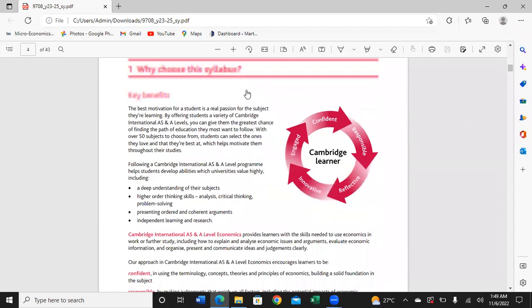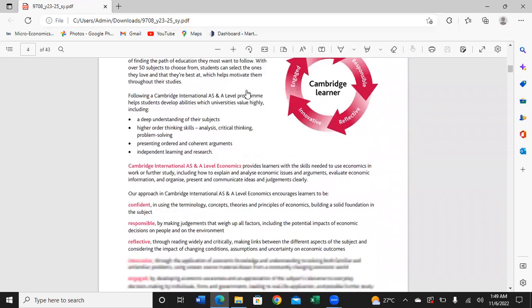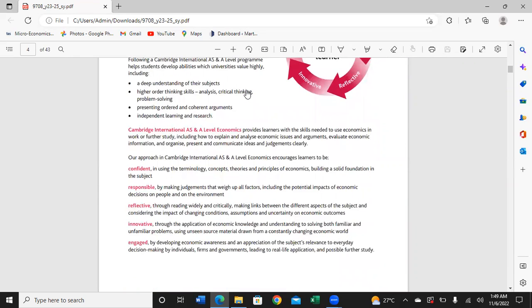Okay. So the first thing, Cambridge key benefits, these are also available to you in the syllabus content. Students are quite confident while studying Cambridge syllabus because they don't have to cram everything. They have the understanding and knowledge, and then they apply their knowledge. They can analyze the things. They can even evaluate the discussions as well.